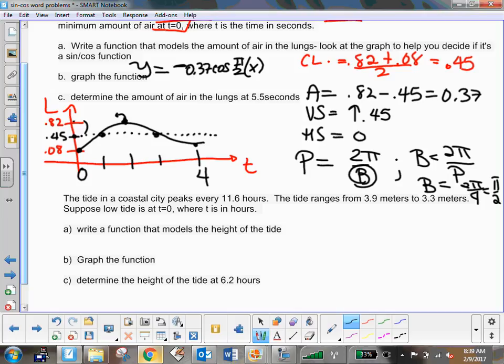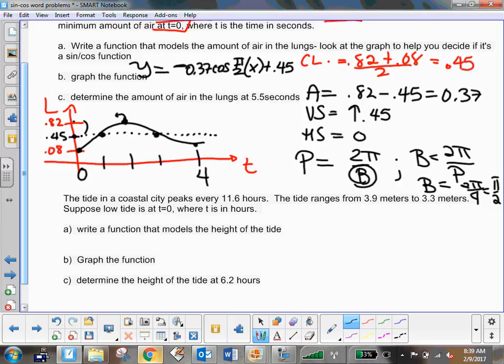And am I shifting it up or down? Up, 0.45. This is in standard form, but it's also graphing form because I don't have any shifting going on, right? Okay, so we graph the function.